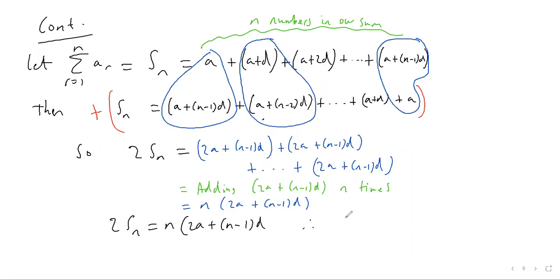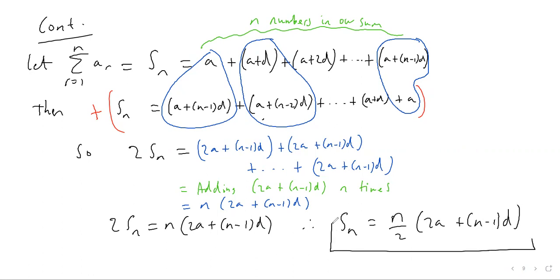So therefore, divide both sides by 2. We get the sum of the first n terms of our arithmetic sequence is going to be n over 2 times 2a plus (n minus 1)d, and that is the result proved.